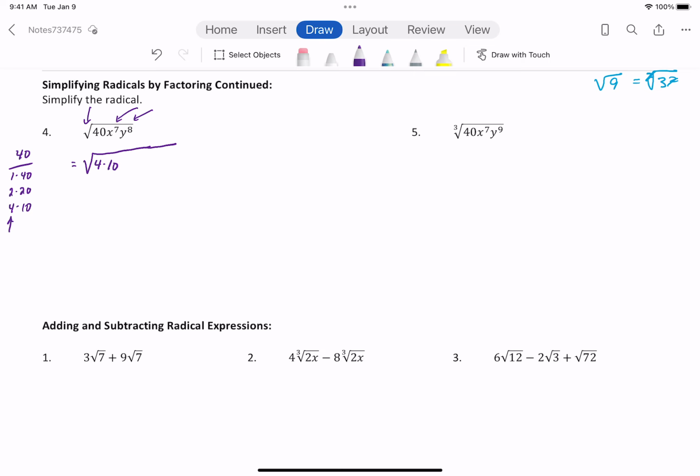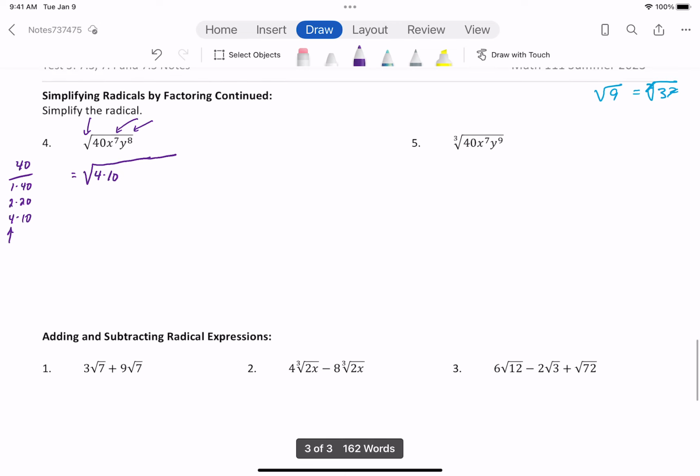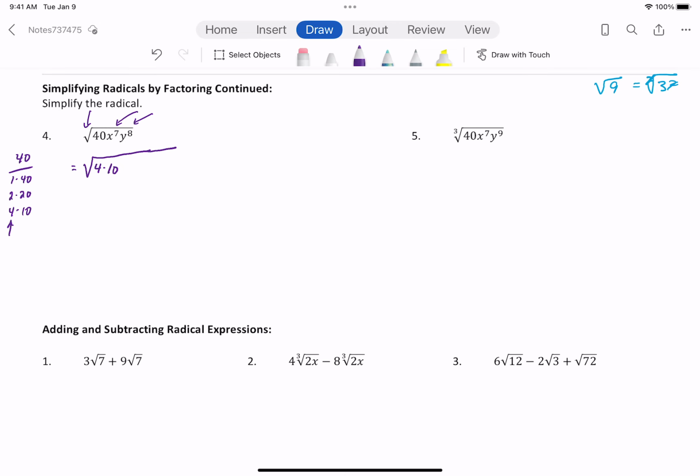If we're dealing with an index of 2, so it's a square root, and you have an odd exponent, all you have to do each time is rewrite it as x to the 1, and then x to your odd exponent minus 1. 7 minus 1 is 6.